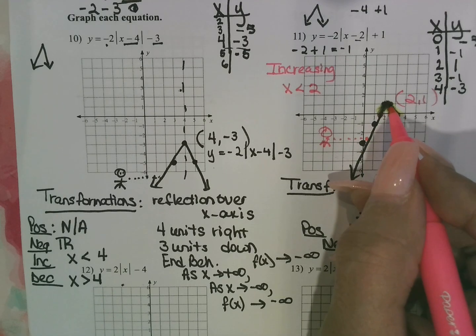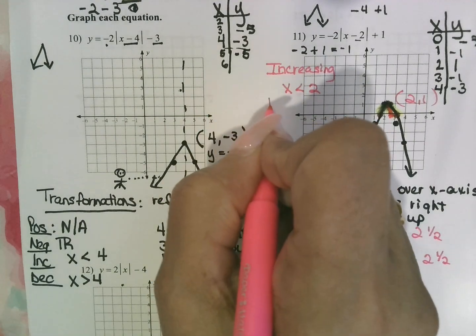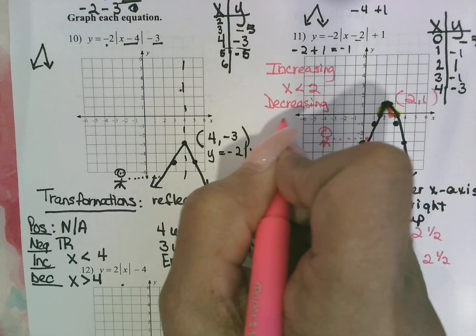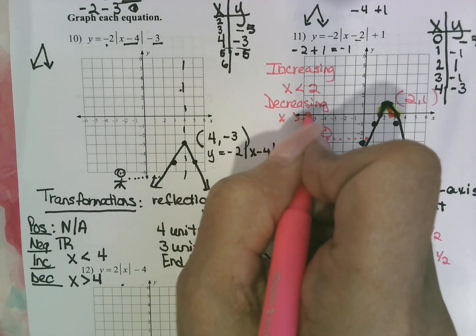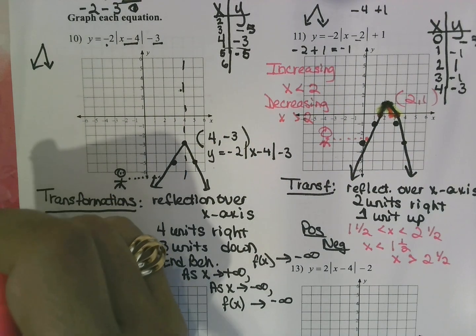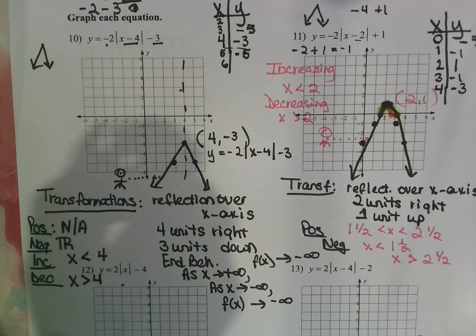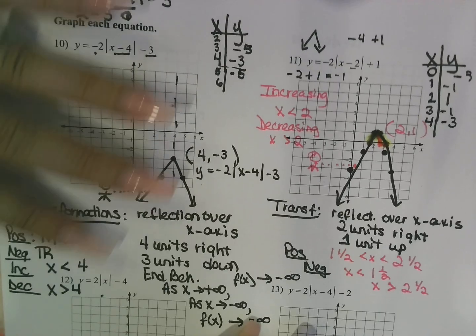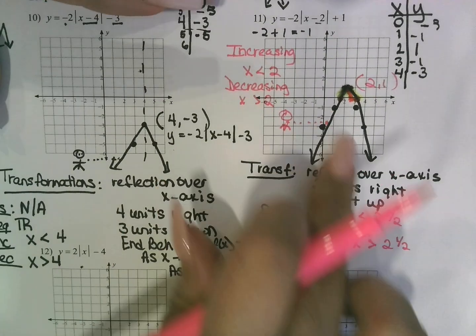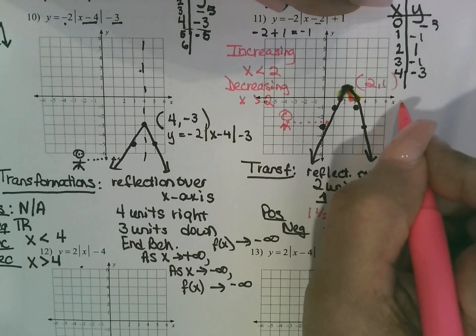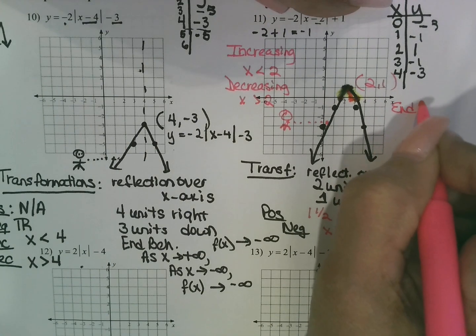When it reaches a vertex, it stops and it starts going down. So it is decreasing when x is greater than 2. Yeah? Okay. And last but not least, end behavior. I can tell you right now, it's going to be identical to this one because it's opening down and down. But here we go, end behavior.